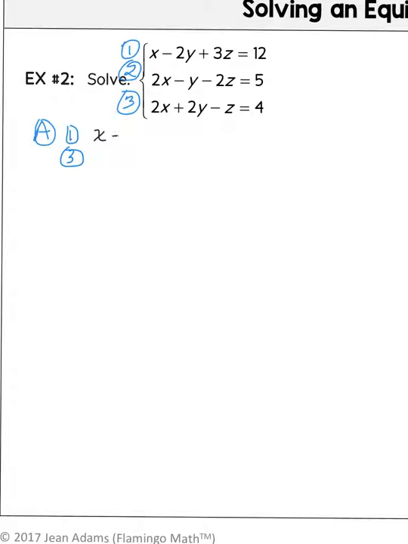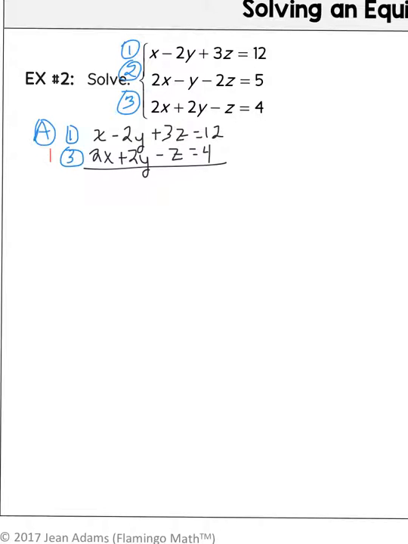So x minus 2y plus 3z is equal to 12, and 2x plus 2y minus z is equal to 4.